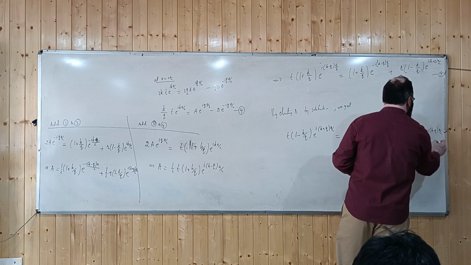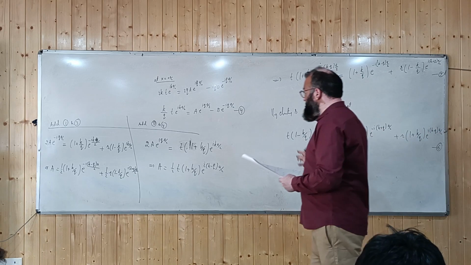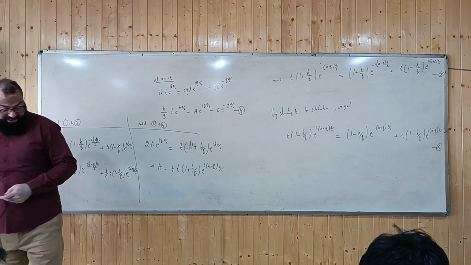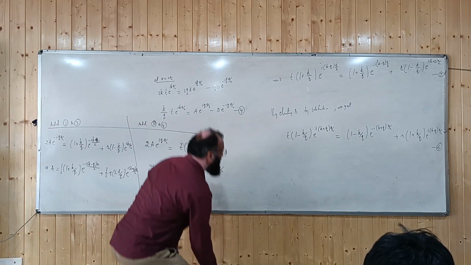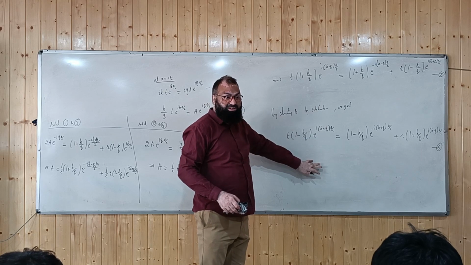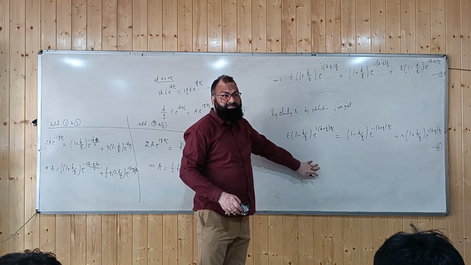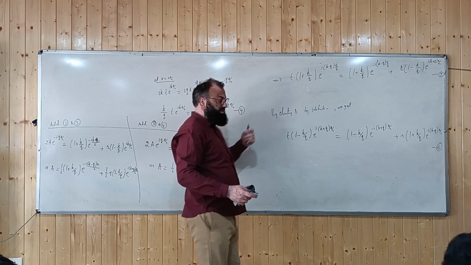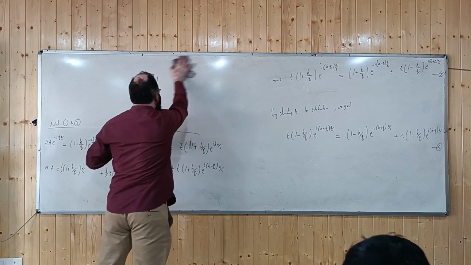Let's call this equation 6. So now look here, look at the equations carefully. You now have an equation in T and R. This is an equation in T and R. Clear? You can eliminate T, you can eliminate R to figure out one of the variables.